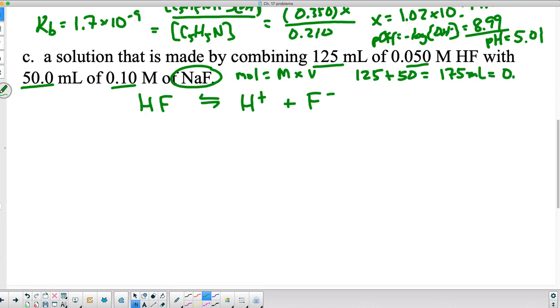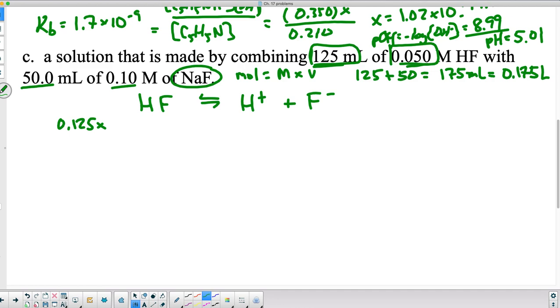Anytime I use volume from here on out, I'm going to use liters because I'm going to have moles. So the first thing I do is I multiply 0.125 times 0.050 as my first way to find moles for HF. So let me just show you what it looks like.